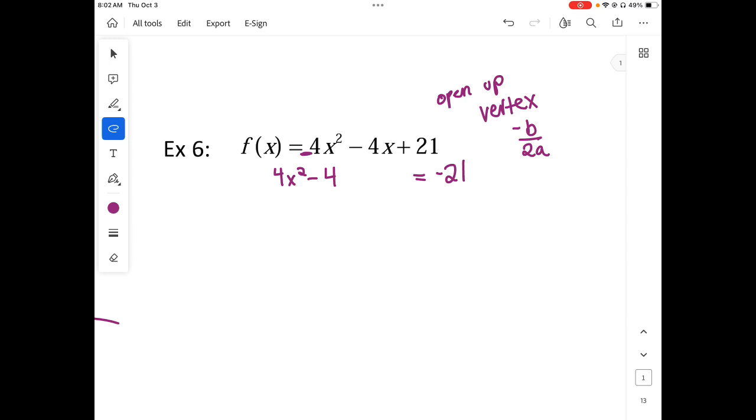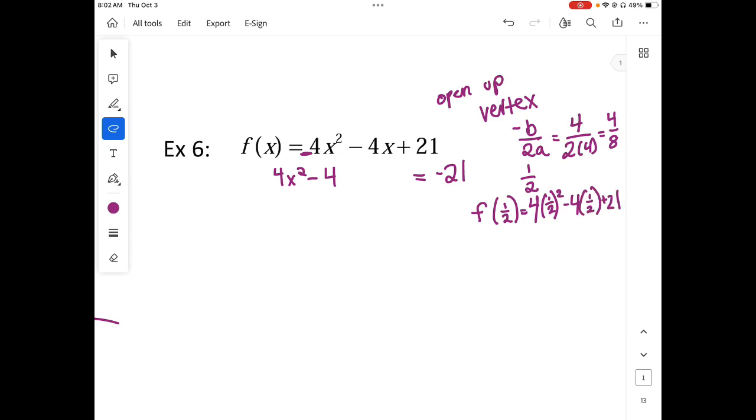All right, so negative b would be a positive 4 over 2 times 4, which is 4 over 8, which is 1/2. All right, so let's do f of 1/2 and plug that in. So 4 times 1/2 squared minus 4 times 1/2 plus 21.